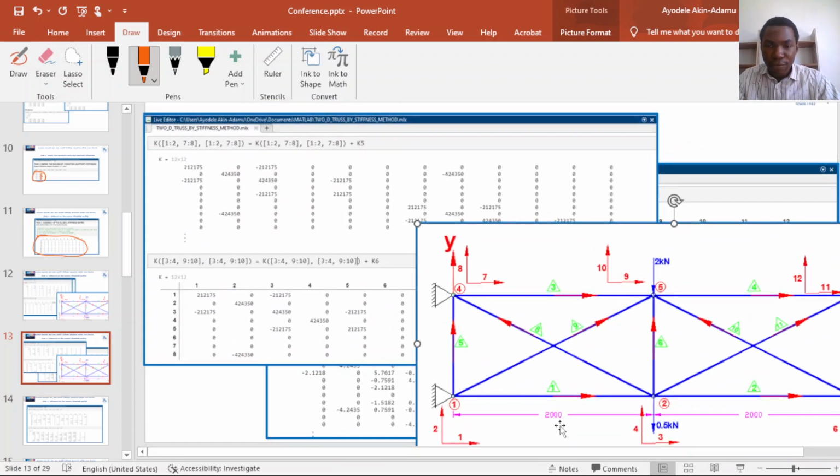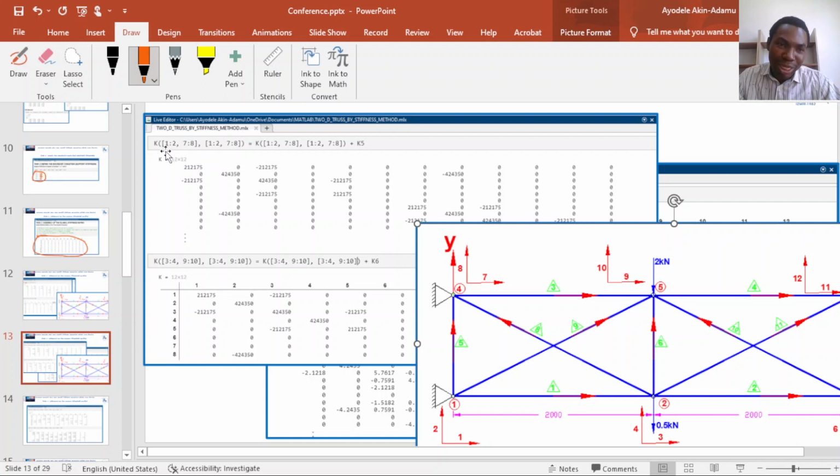So for K5, element 5 is located between node 2 and node 4, and the degrees of freedom for that matrix will be 1, 2, 7, 8. So that's why I number it in this manner: 1 colon 2, 7 colon 8. Because the numbers are not together like 1, 2, 3, 4, I have to break it into two.